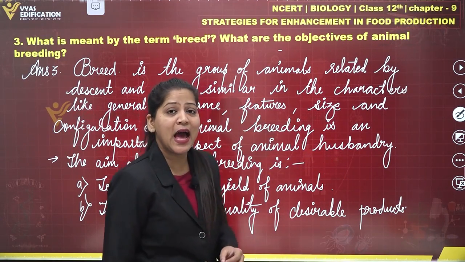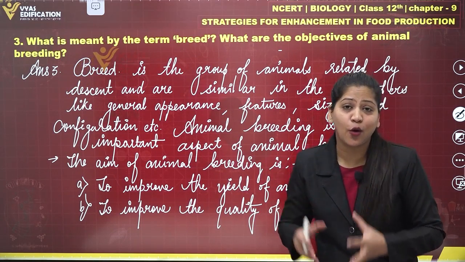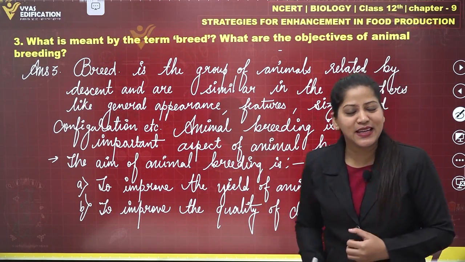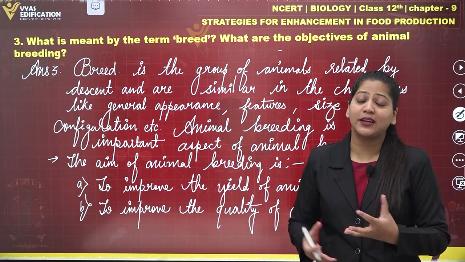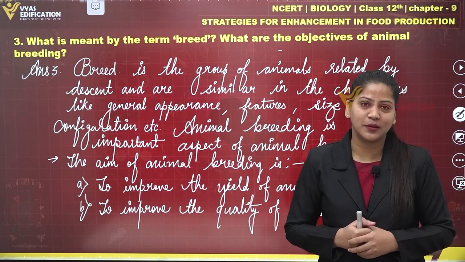Right? So we have done with what is actually breed, what do you mean by breed, and also we have talked about the main aim, the main objectives of animal breeding. So this is the complete solution of question number 3.